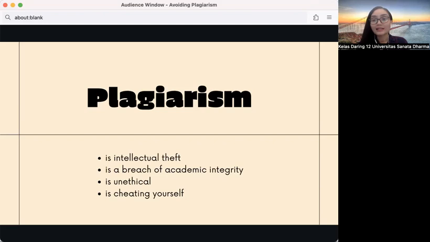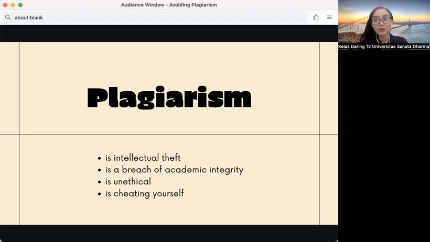It is also unethical. Even when you use an application or AI, ChatGPT, in your writing exercises, it is unethical, for some reasons.